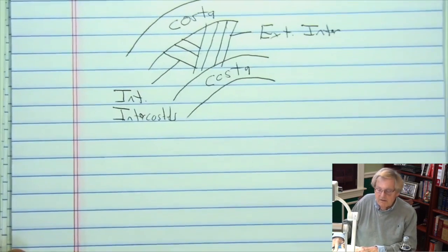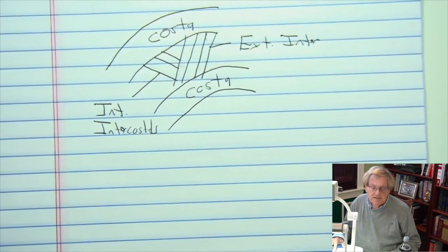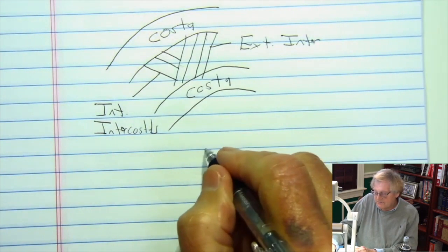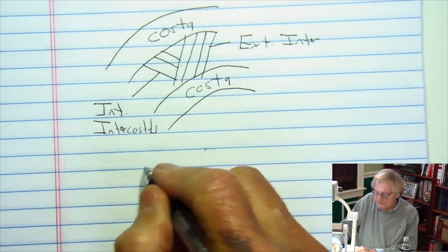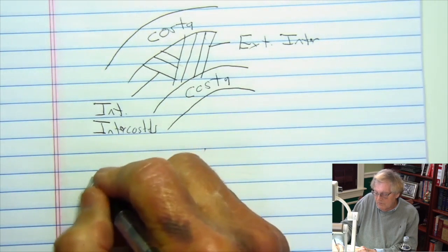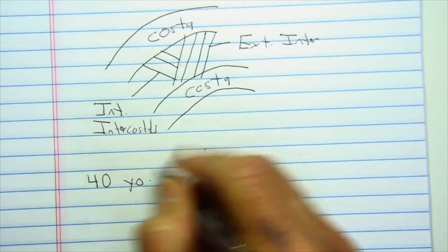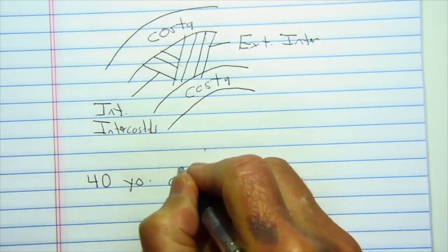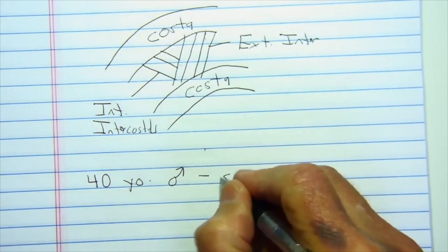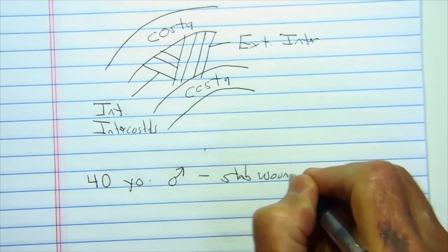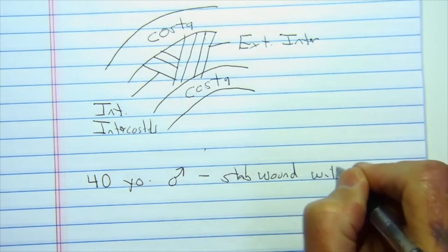Now, if we tie all that together and think about those words pneumothorax, hemothorax, and atelectasis, let's say we looked at a chest film, and the story is we've got a 40-year-old male that had a stab wound with an ice pick.